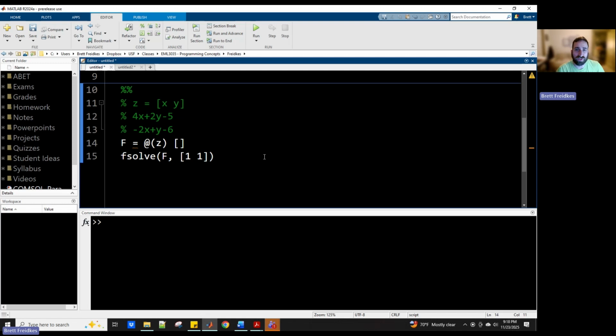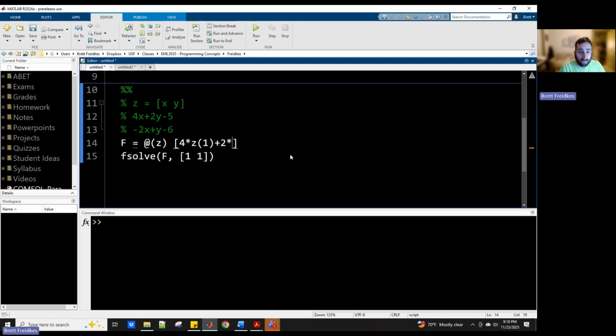So the first equation is going to go in the first row of this f variable, this f vector. And it's going to be 4 times x plus 2y minus 5. If I do 4 times x, I cannot reference x in this situation. I have to extract it from this z. So x, based on the way to define it, will be z of 1. That is the first element in our vector. That is x.